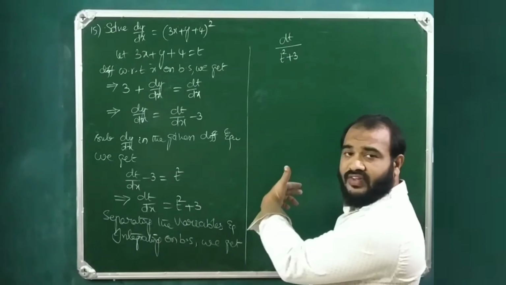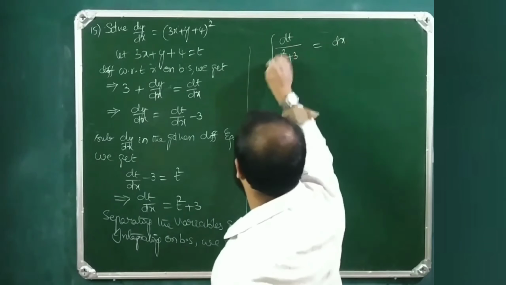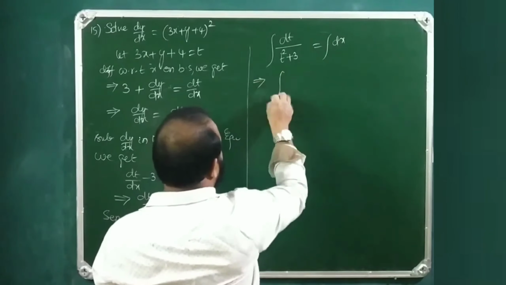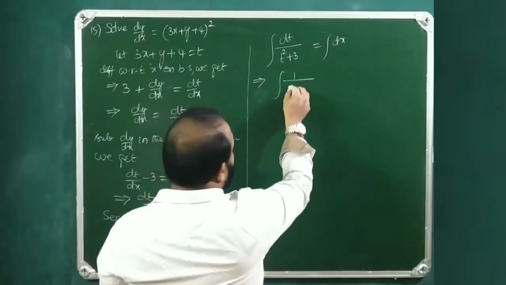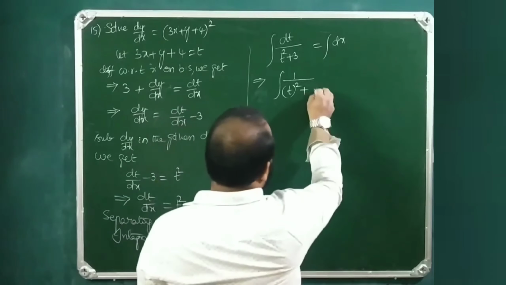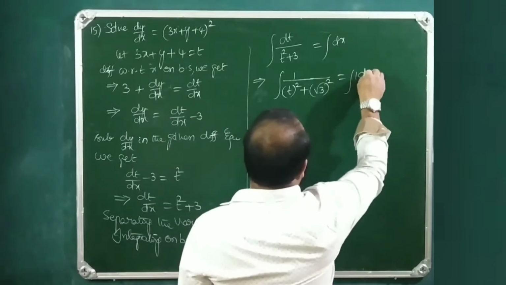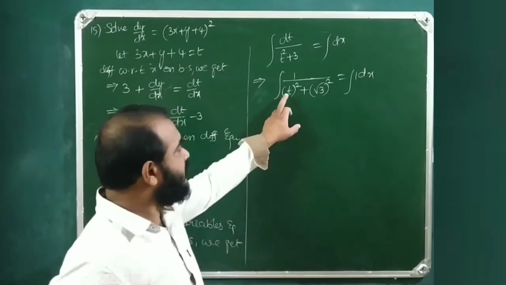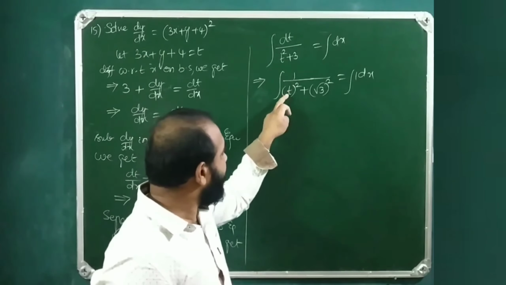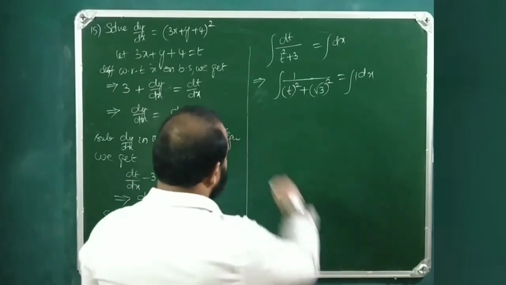Now integrating on both sides, 1 by t square plus 3 can be written as 1 by t square plus root 3 whole square, integral 1 dx. Let us treat this t to be x. We have the formula: integral 1 by x square plus a square is 1 by a tan inverse x by a plus c.